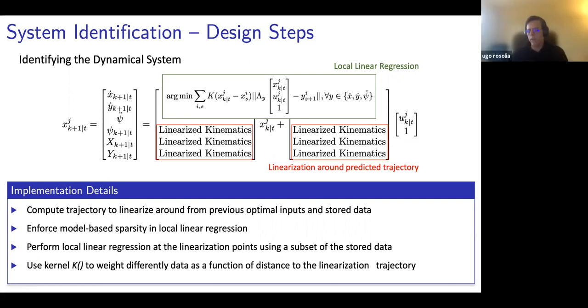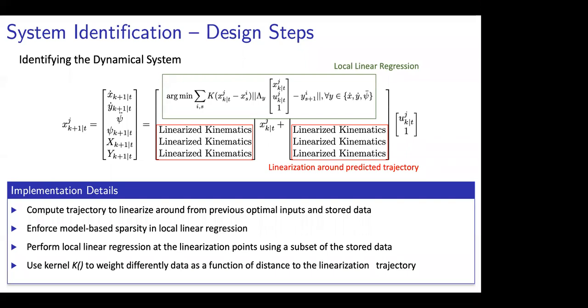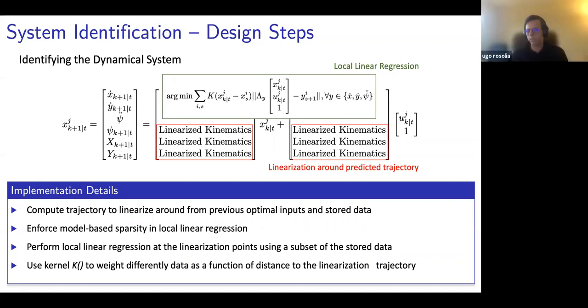It's not time varying. So we basically did a reparameterization of the system dynamics as a function of the track. So for instance, the curvature now is a state of the track. How is that reflected in this system ID process? Yes. Okay.